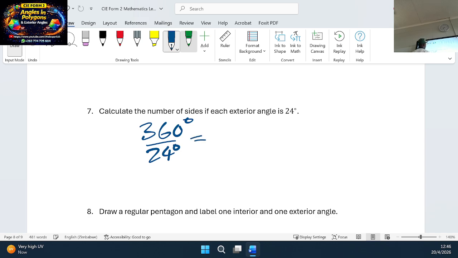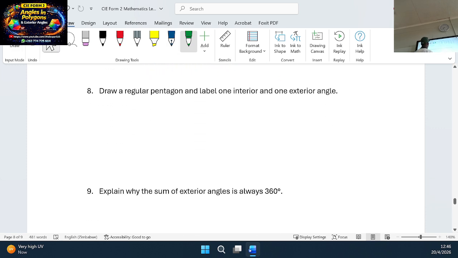I think here we might be interested in using step-by-step factorization. If I bring 6 there on the numerator, I'll get 60, and on the denominator is 4. So if I divide 60 by 4, this gives me 15 sides. So these are the number of sides that we'll find in a shape whose exterior angle is 24 degrees.